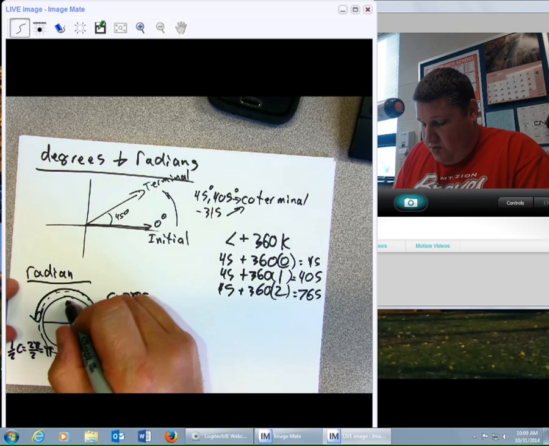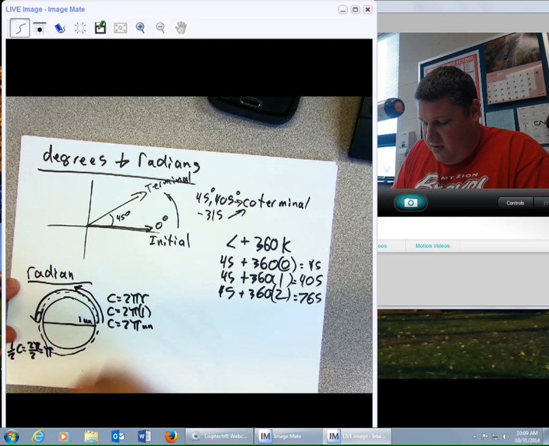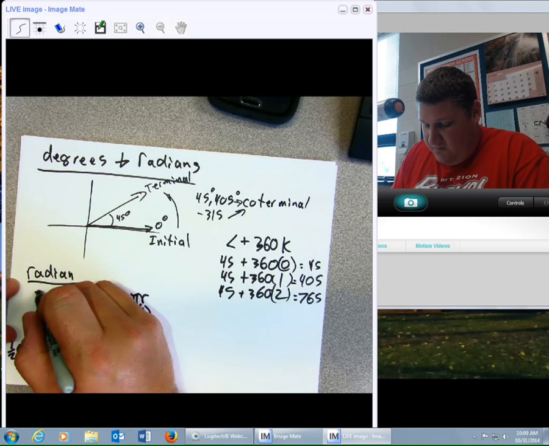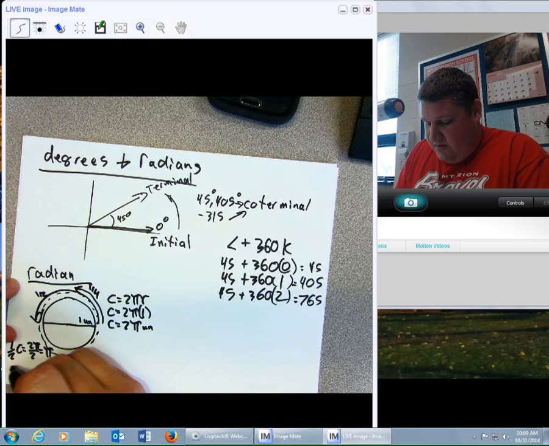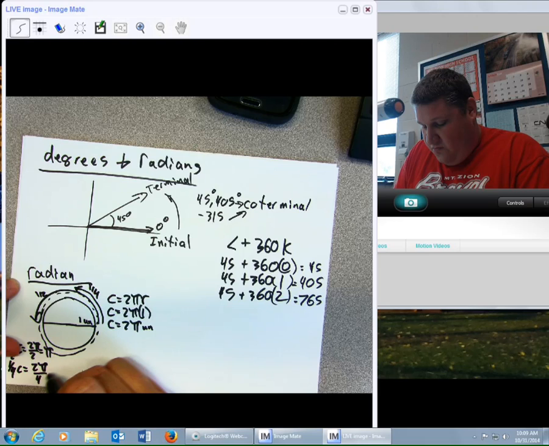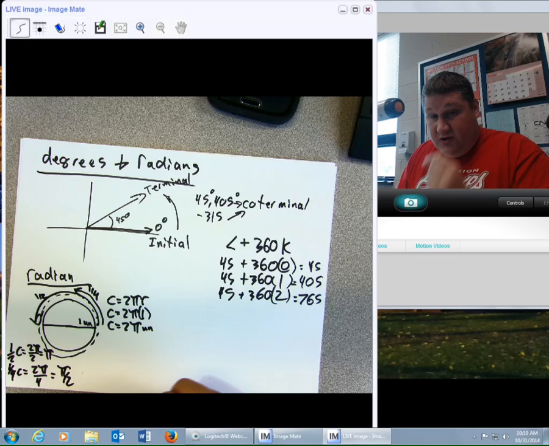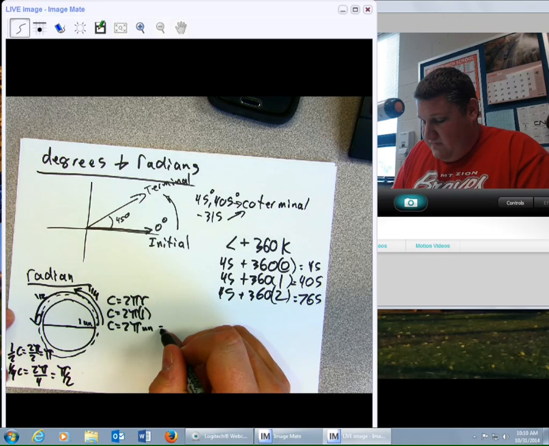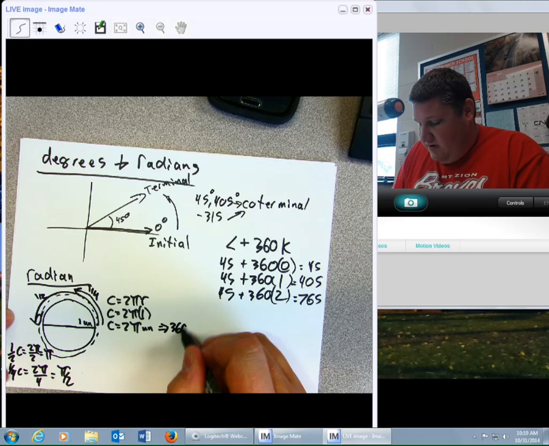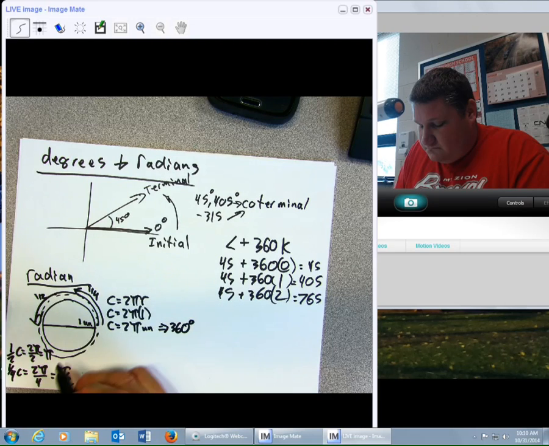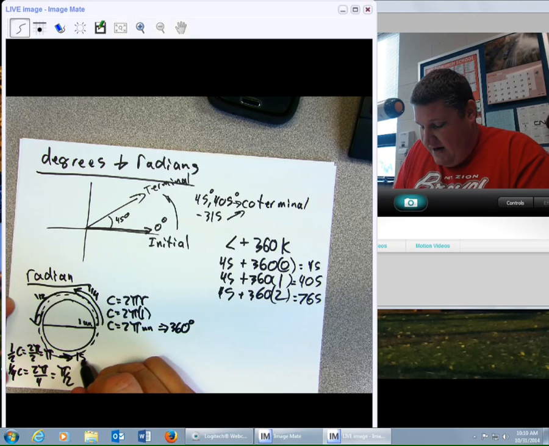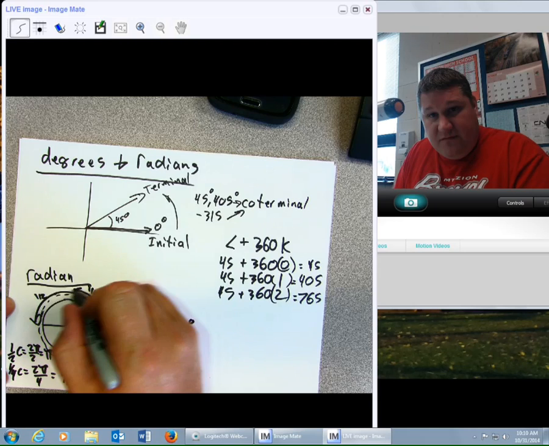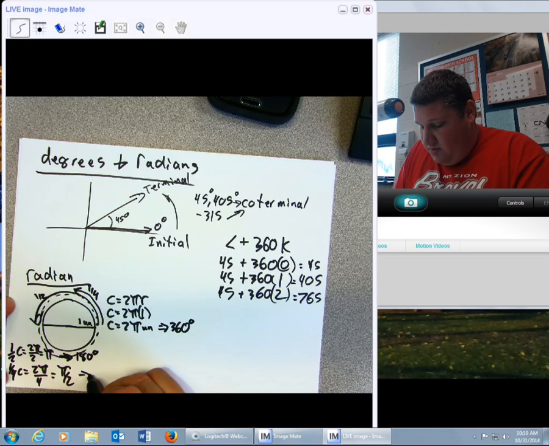If I wanted only to go a quarter of the way around, so 1/2, 1/4, I would say 1/4 of the circumference equals 2 pi over 4, which is pi over 2. Now, before long, you should start to see some connections. All the way around a circle is 360 degrees. Halfway around a circle goes together with 180 degrees. A quarter of the way around a circle goes with 90 degrees.